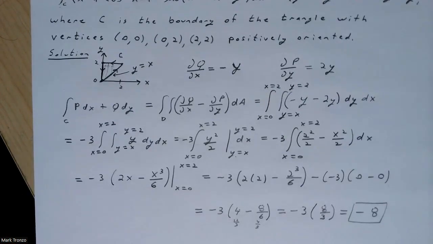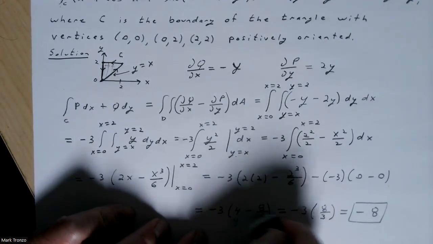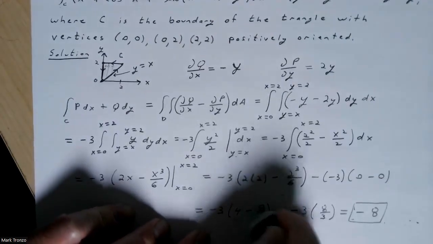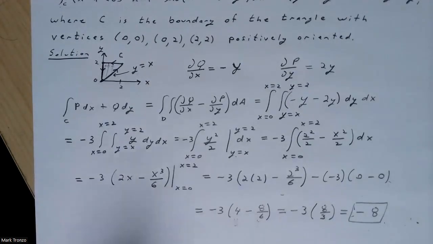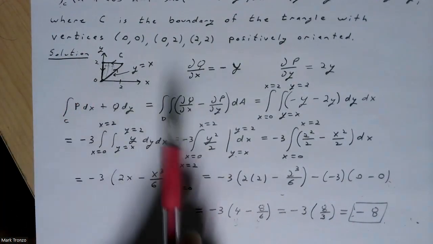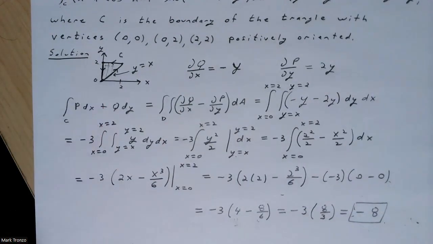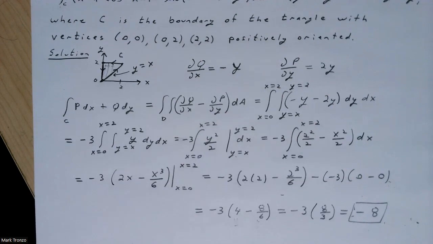And the answer is minus 8. So once again, Green's theorem, instead of doing the line integral around the curve, you do the double integral over the area inside the curve and do that, and we get our answer.